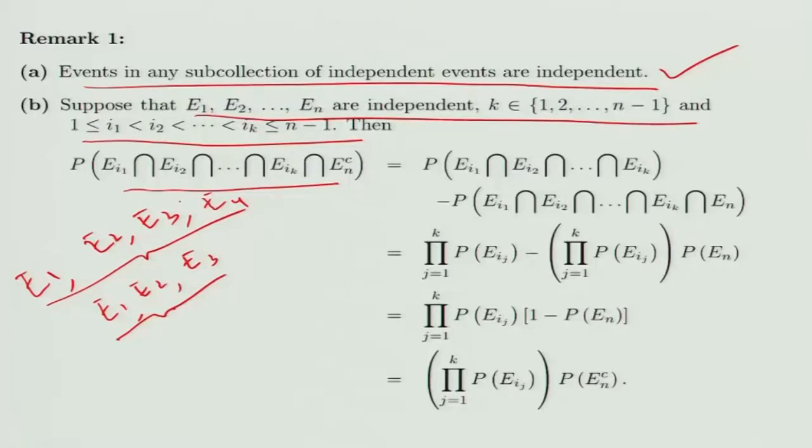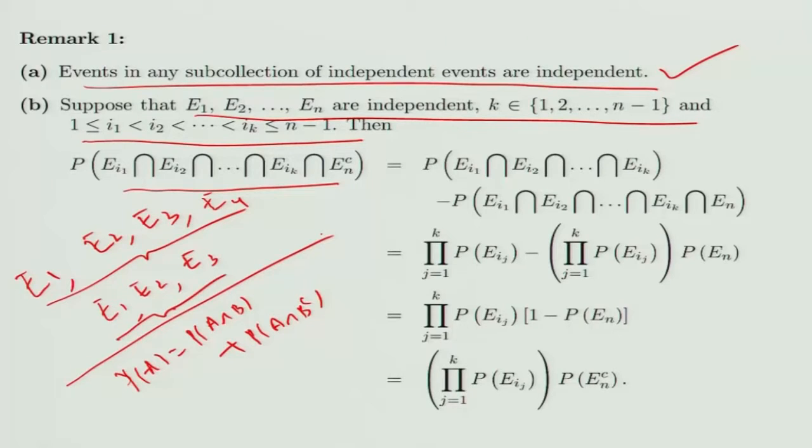So let's see first if I make one of them a complement. Now you know that probability of A is the same as probability of A intersection B plus probability of A intersection B complement. This is what the theorem of total probability says.